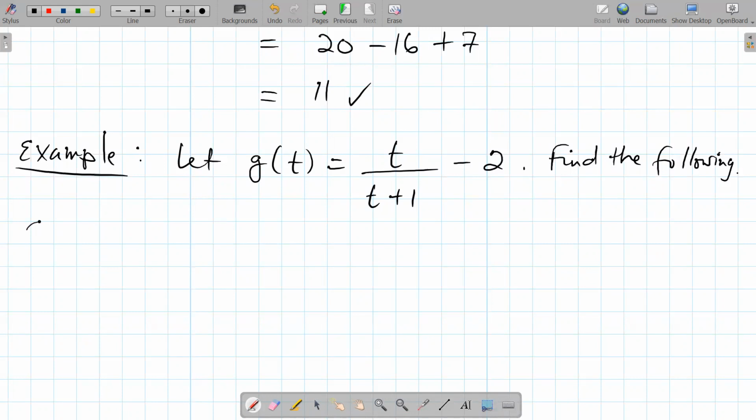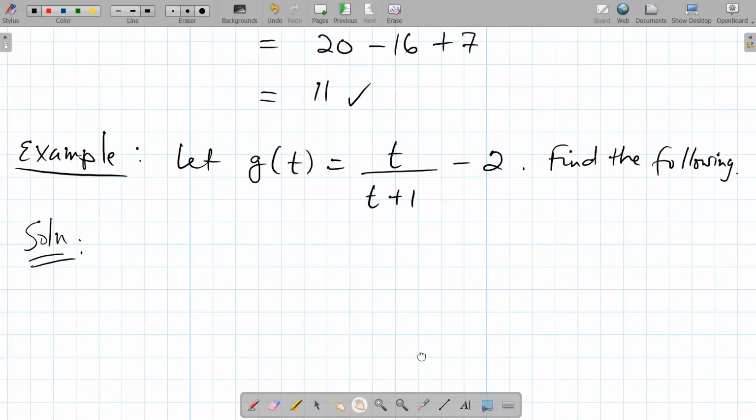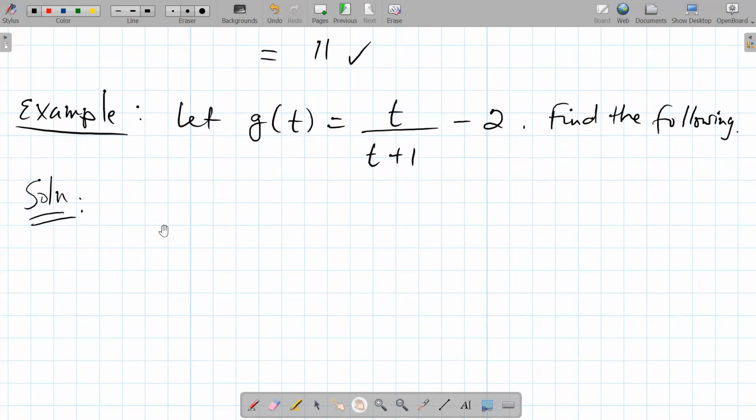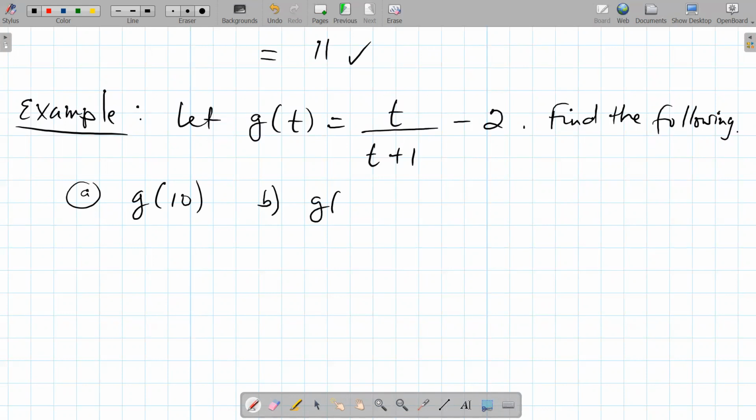So let's talk about the solution now. Find the following. So the first one, A is g of 10. I'm used to f. G of 10. And B is g of -2.